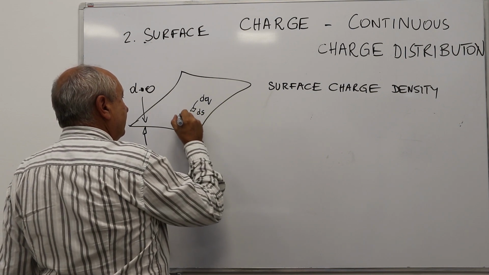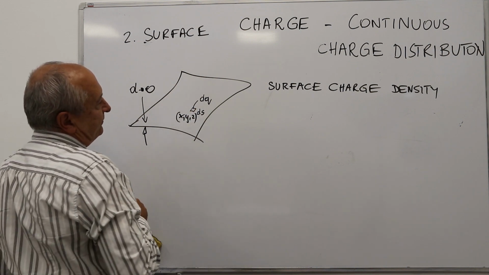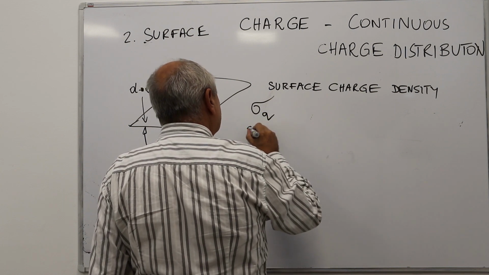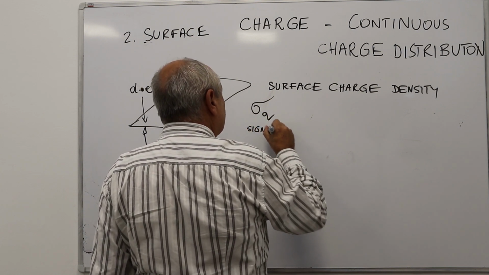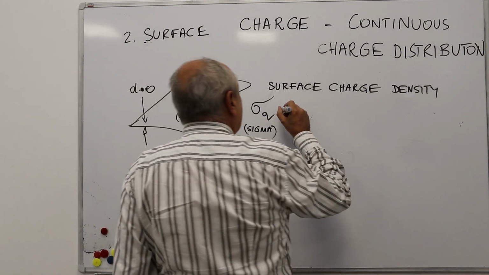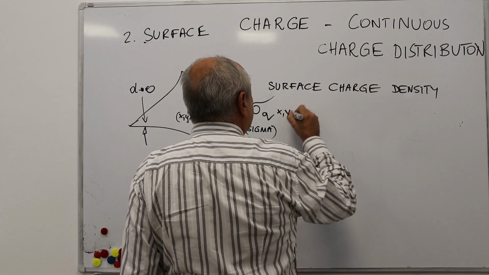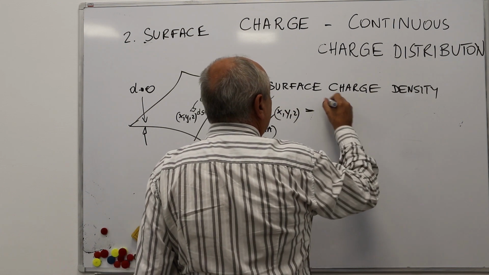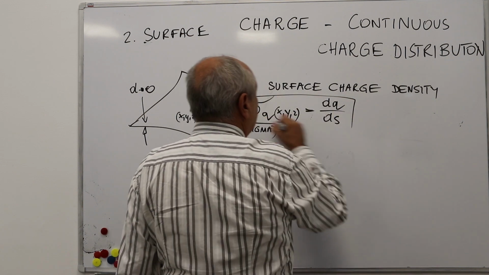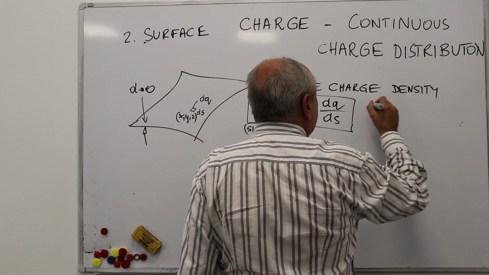This point has x, y, z coordinates, so sigma q at the point x, y, z is defined as dq divided by ds. The unit is Coulomb per meter squared.